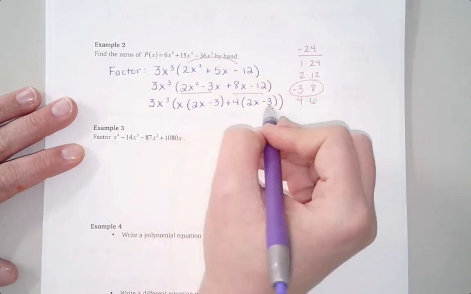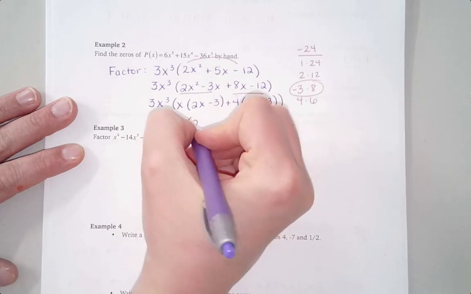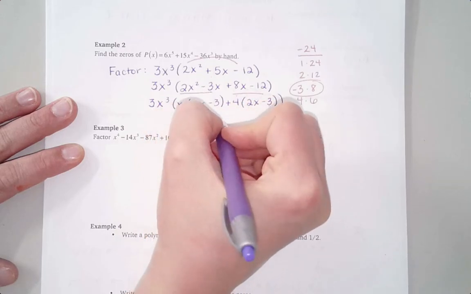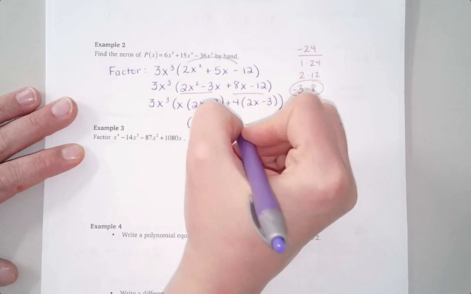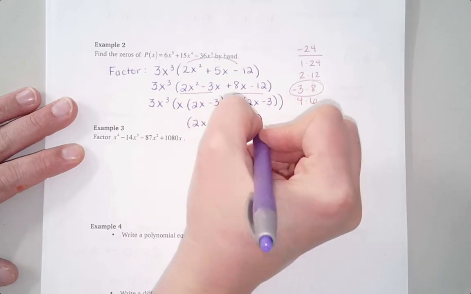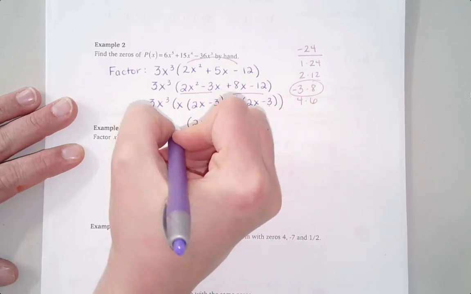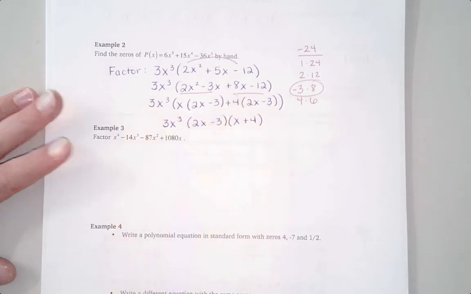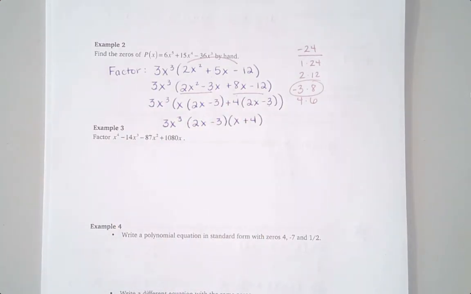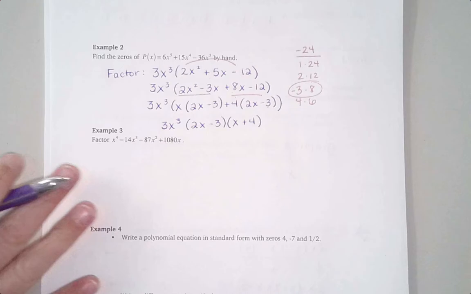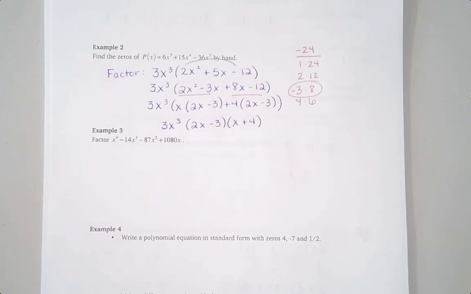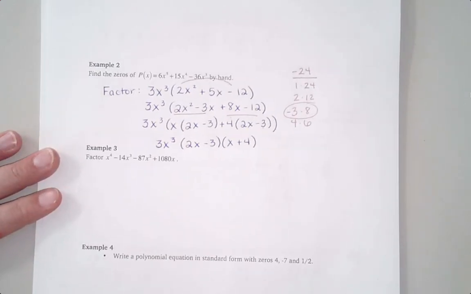And then when I put this into its two parentheses, I end up with 2x minus 3 times x plus 4. And then I still have my 3x cubed in front. Okay, so that was factoring. That should have been a review of stuff that we've done earlier this week and last week, so that's why I went kind of quickly through that.